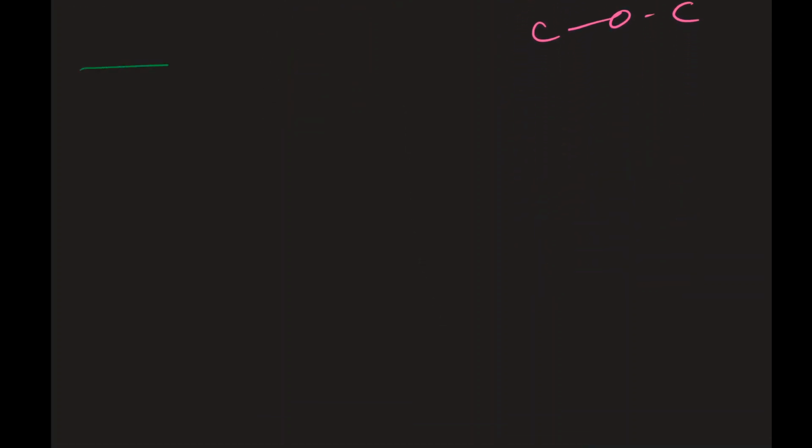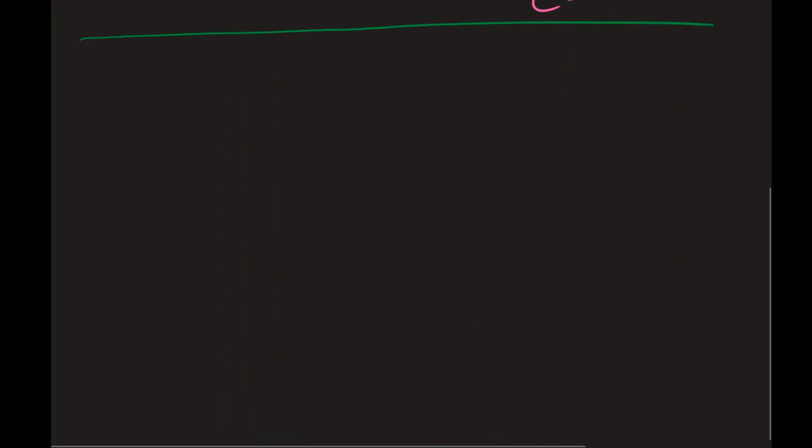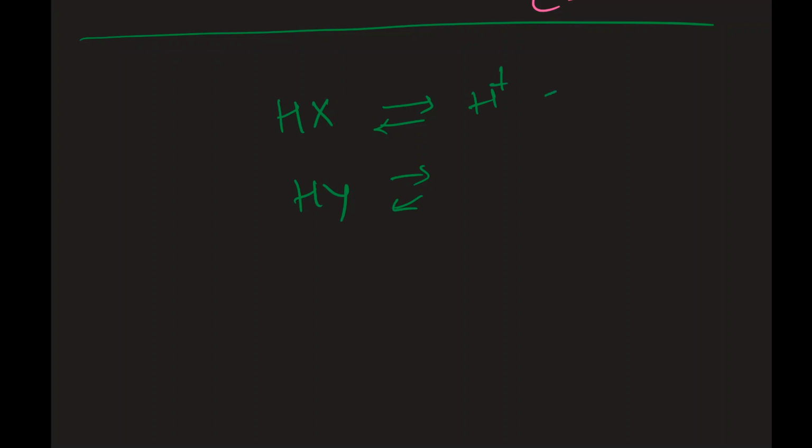So, a quick introduction from your Organic 1 regarding the pKa of an acid. Let's say we have HX and HY. Quick recap. HX ionizes to H plus and X minus, and HY also ionizes to H plus and Y minus.